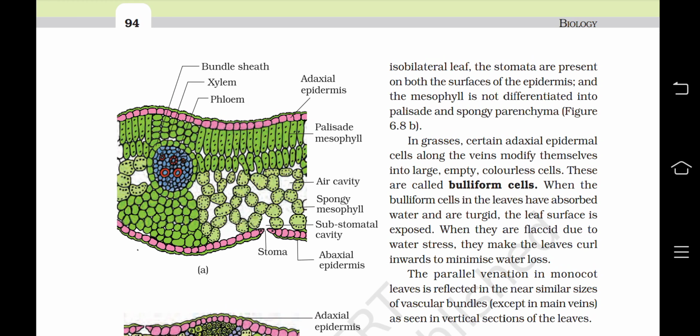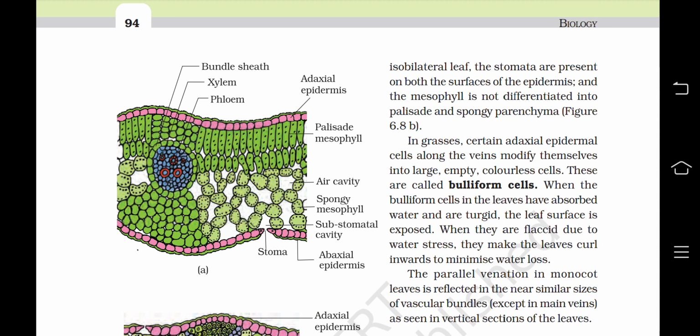When they are flaccid due to water stress, they make the leaves curl inwards to minimize water loss. The parallel venation in monocot leaves is reflected in the near similar sizes of vascular bundles, except in main veins, as seen in vertical sections of leaves.